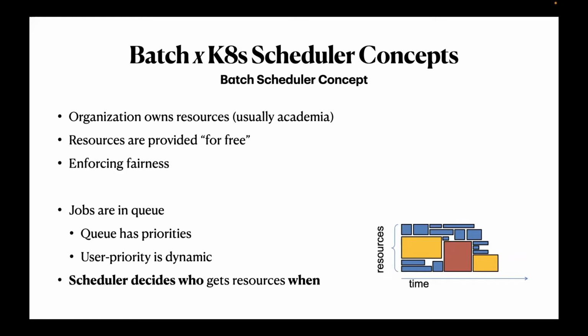It is essential to preserve fairness, and complex algorithms and rules are in place that ensure a certain level of fairness. Such rules and concepts are queues, which are ordered by priority. User priority is then dynamic. So when a user is waiting, he has bigger priority, and when a user is computing, he has lower priority. Over a long time period, a user's share is balanced with other active users. Generally, we could say that the scheduler decides who gets the resources and when.